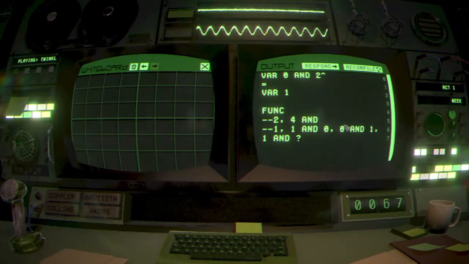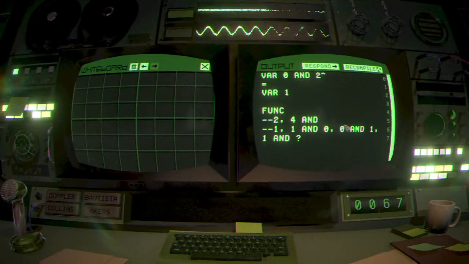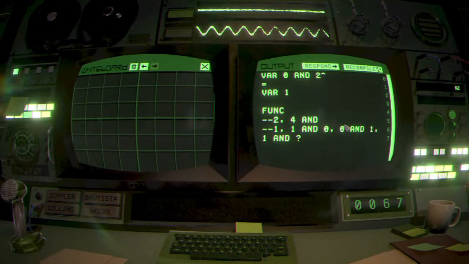Okay. So -2 squared is 4. -1 squared is 1. 0 squared is 0. 1 squared is 1.